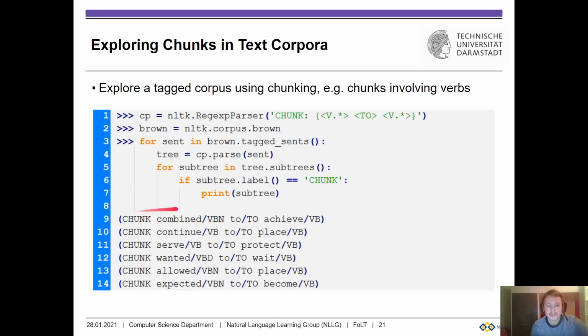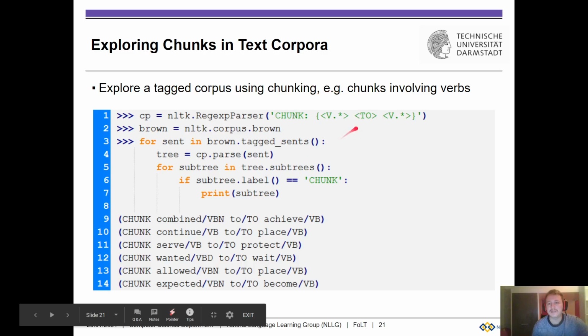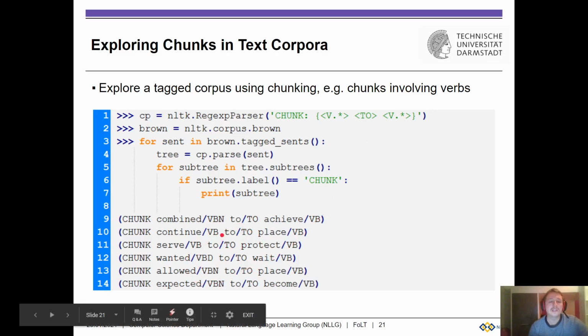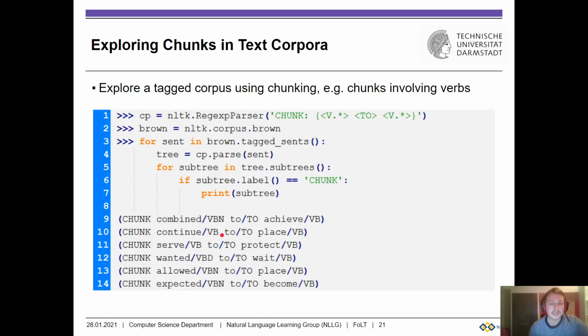One sentence could have multiple such patterns that tell us, okay, here's something like a verb, then we have to, and then we have another verb, such as combined to achieve, continue to place, serve to protect, wanted to wait. So if we define such little grammars, we can do shallow chunking and extract interesting grammatical constructions.